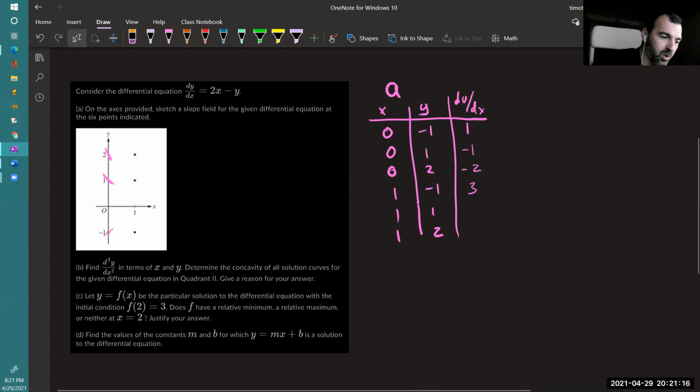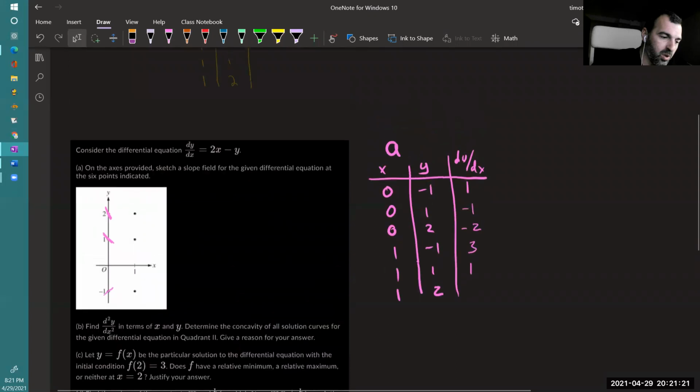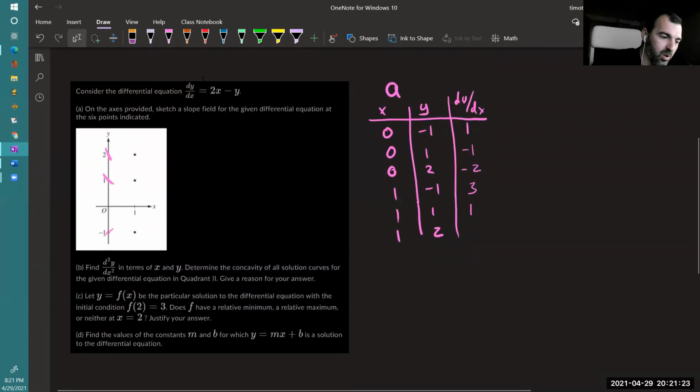So 2 minus 1 is going to be a 1. And then I plug my 1 in here and my 2 in for y. So 2 minus 2, I'm getting a 0. So at 1, 2, I've got a slope of 0. At 1, 1, I have a slope of 1.